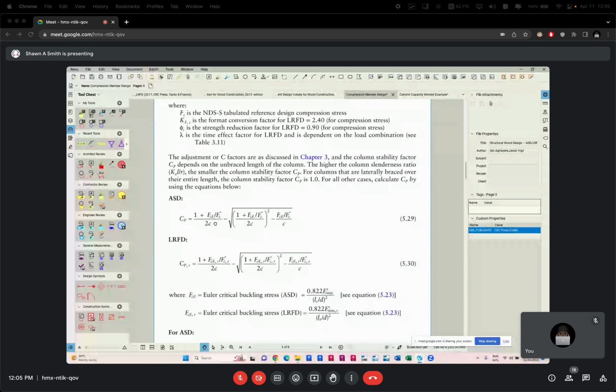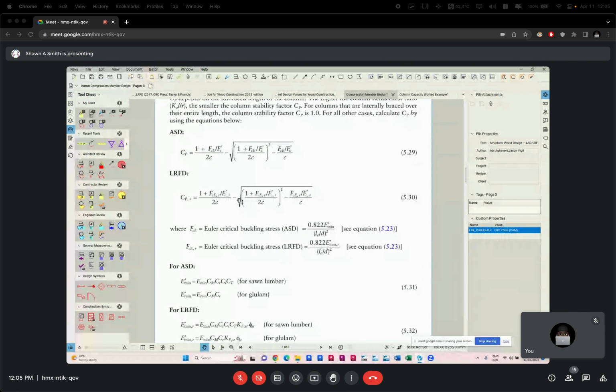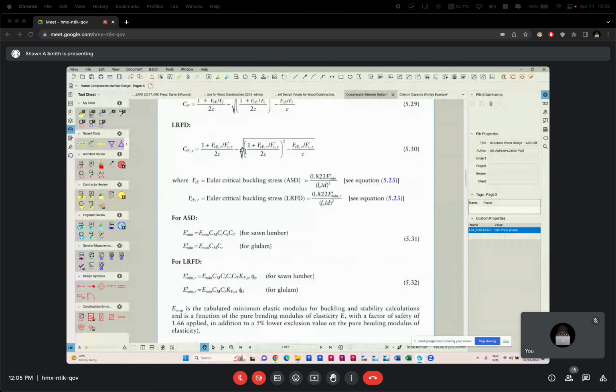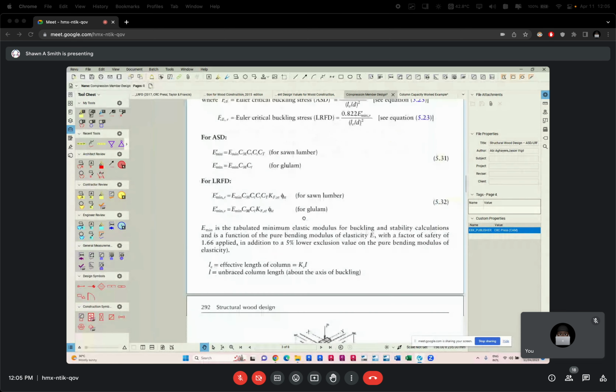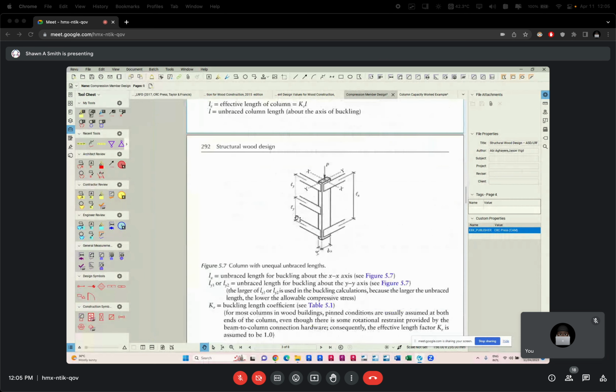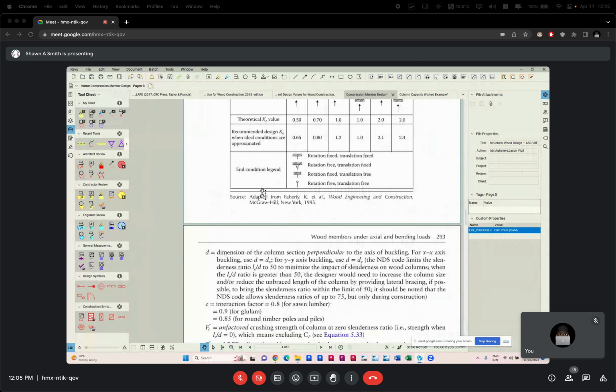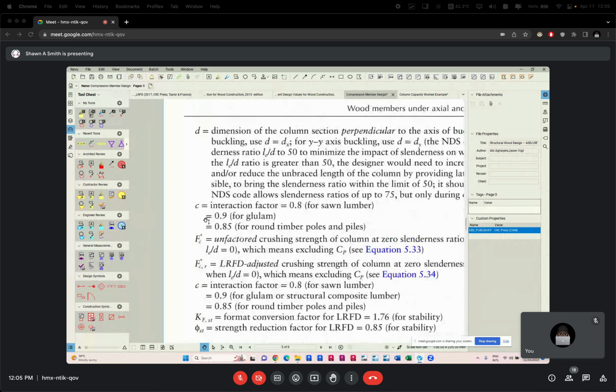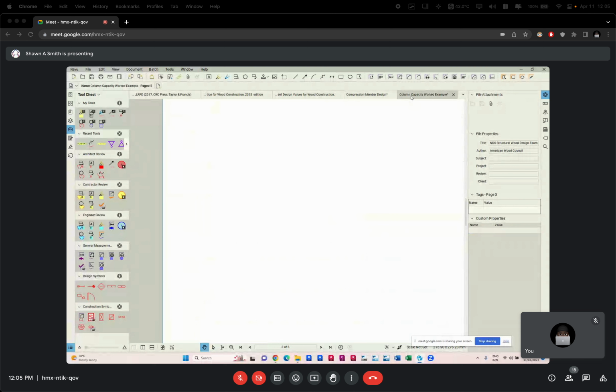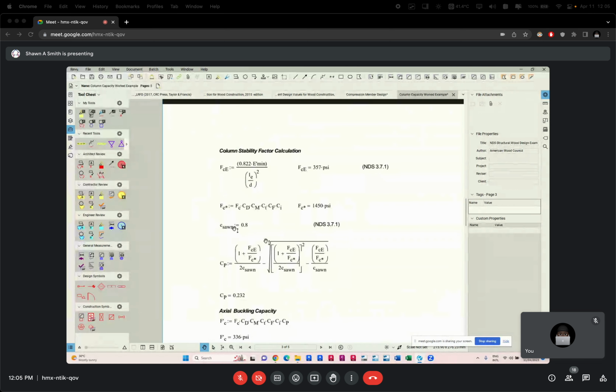All right, and little C meant something. Right, fine. It says C is the interaction factor. It's 0.8 for sawn lumber. And that's where this 0.8 comes from, because this is sawn lumber. All right, so that's where that comes from.